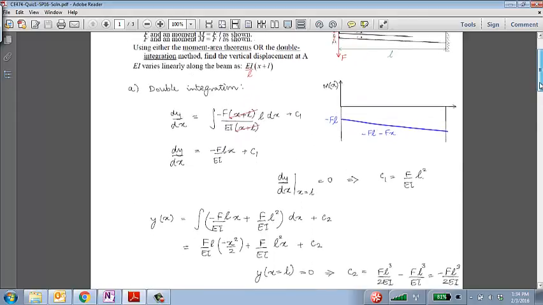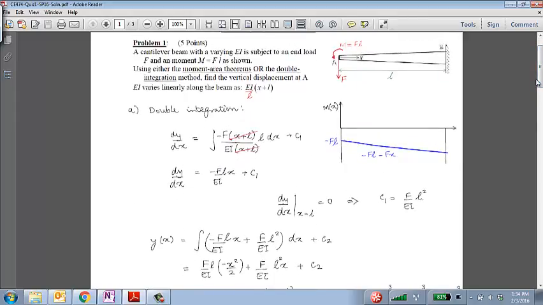I did notice that the most common sort of error was that maybe you did not realize how you were supposed to interpret this varying EI along the length.